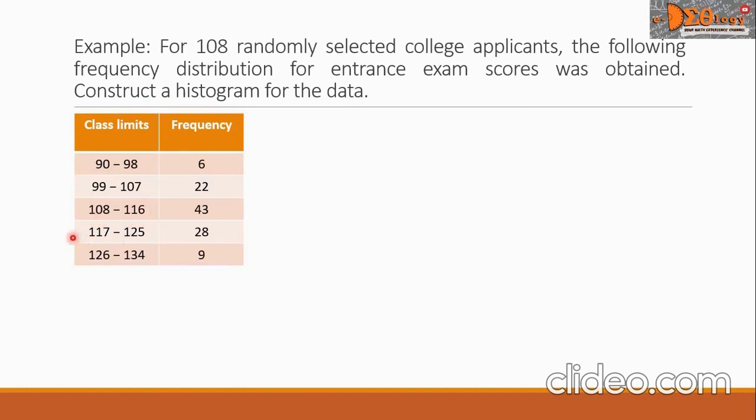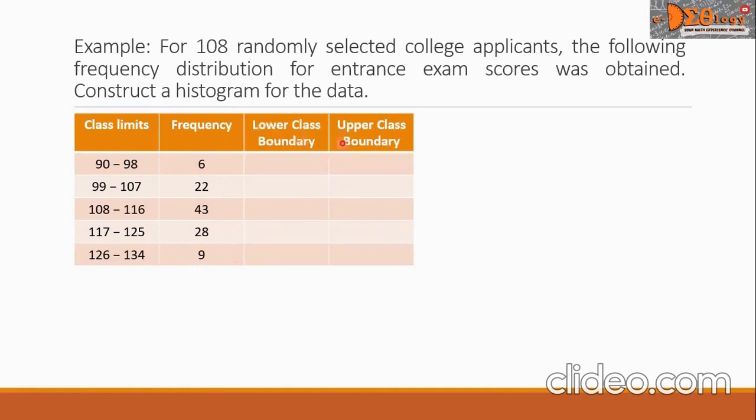The fourth class interval from 117 to 125. The last class interval is from 126 to 134. The second column is for frequency. There are 6 observations for the first class interval: 22, 43, 28, and 9 for the other class intervals, respectively.